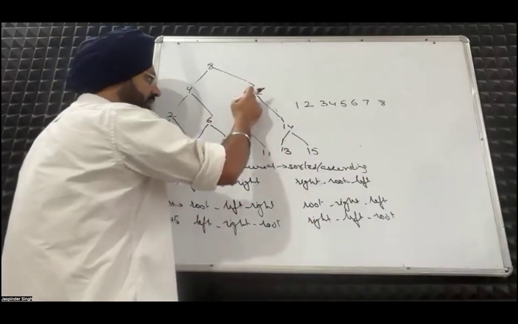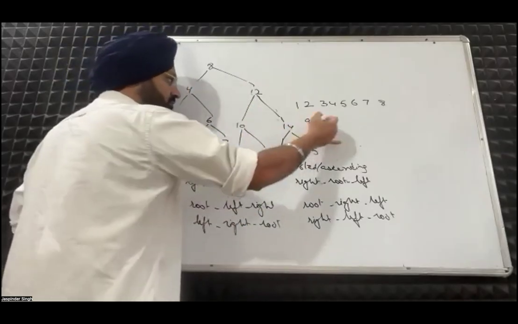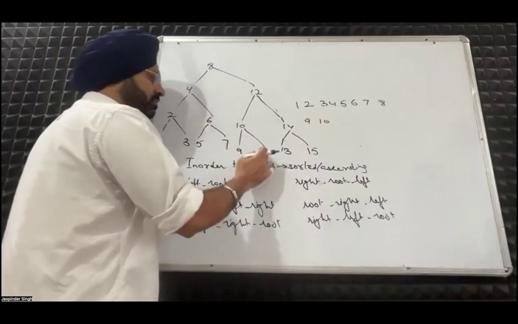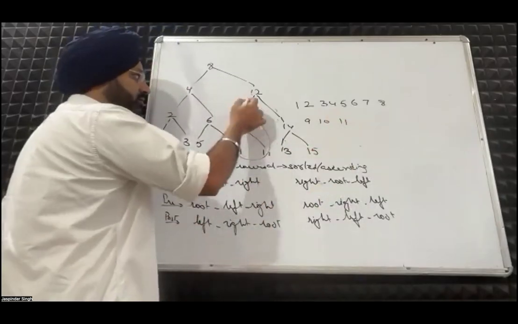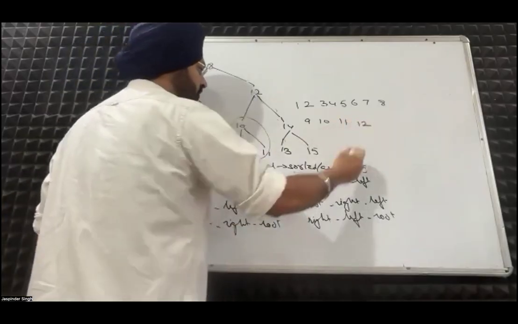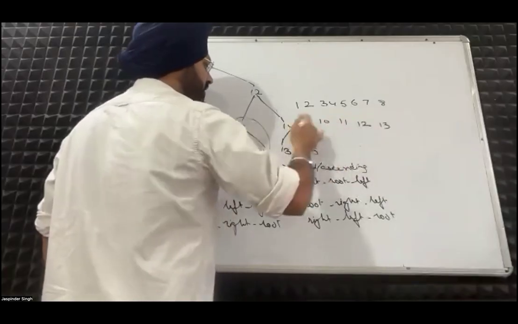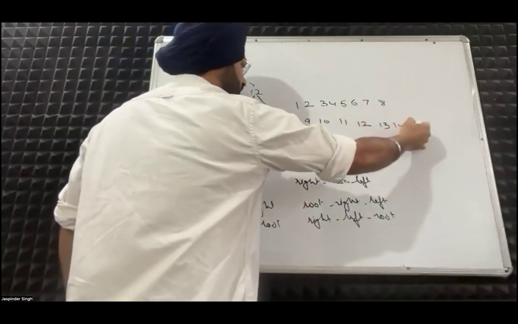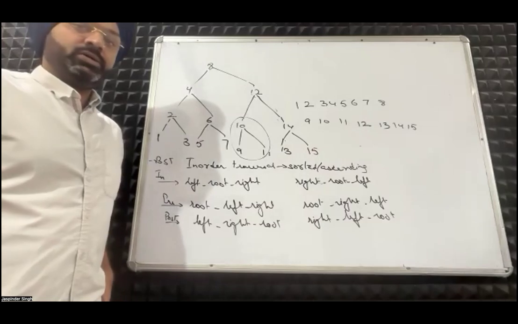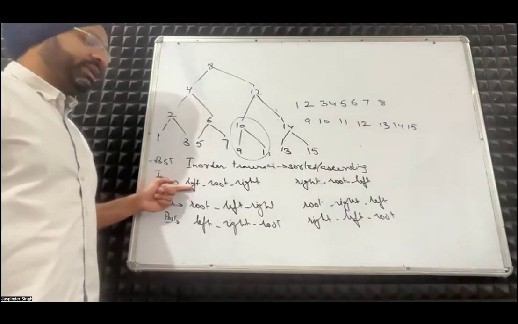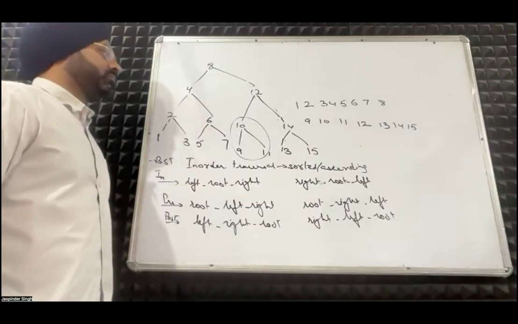In the right, left, left, left, left, 9, root, 10, right, 11, left done, root, 12. Then right subtree. In right, left one, 13, 14 is the root, and 15 is the right. So in-order traversal is left, then root, then right. That is the order that we are going to do.